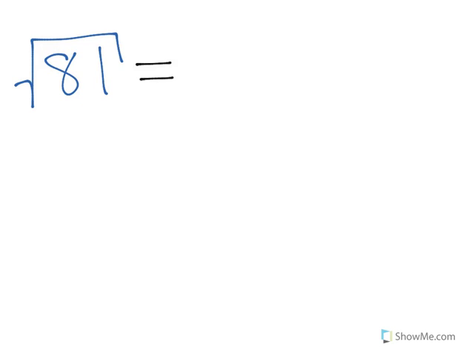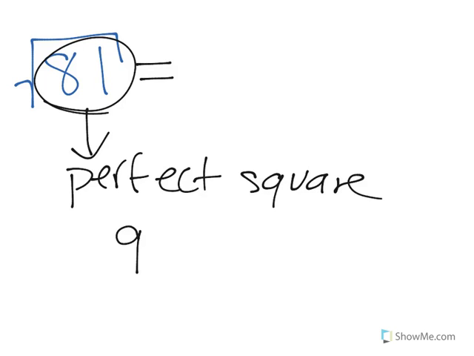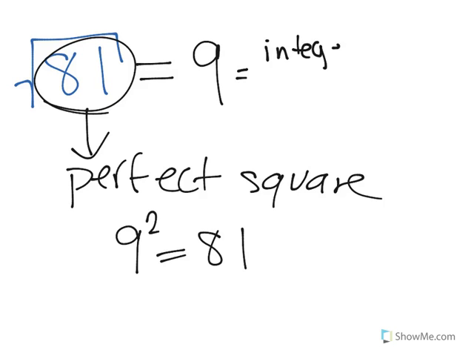Now we have square root of 81. In this case, 81 is a perfect square because 9 squared equals 81. So square root of 81 is actually equal to 9, which we know is an integer, because as you might recall, integers go from negative infinity to infinity, but only when they are without decimals.